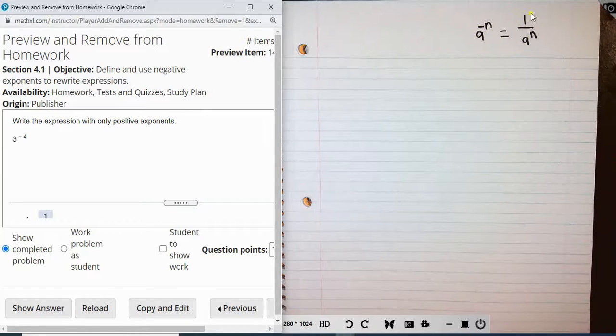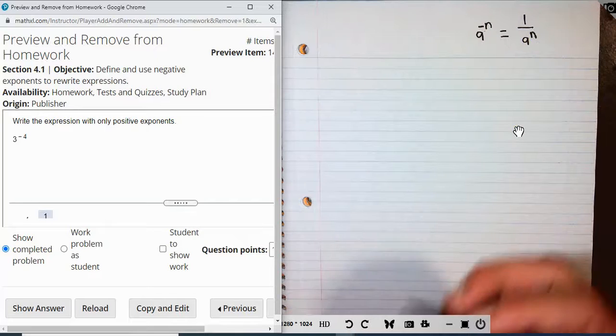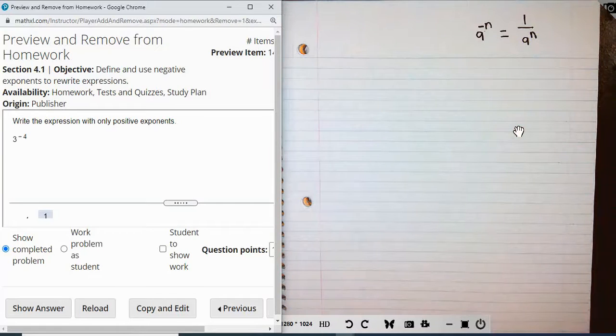Another way to say it is, when you see a negative exponent, you move the base to the opposite side of the fraction bar and keep the base, but turn the exponent positive. So it's asking us to write the expression with only positive exponents.